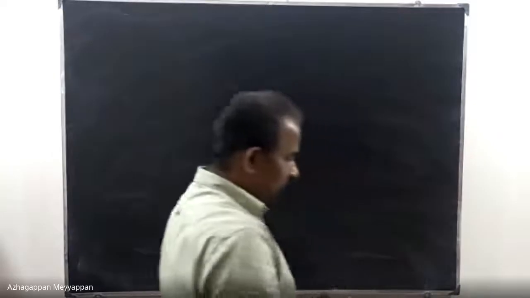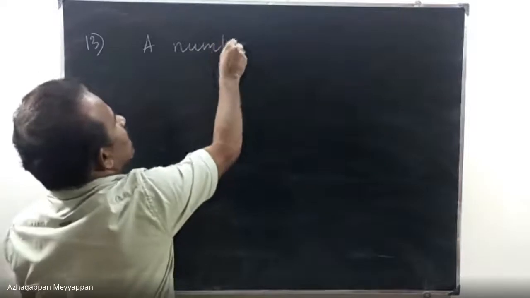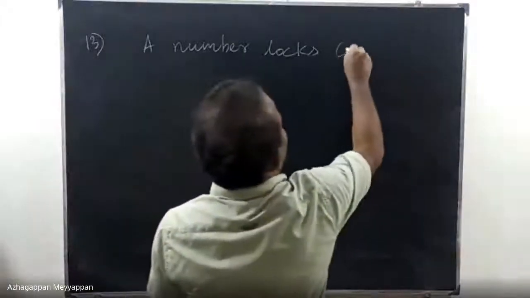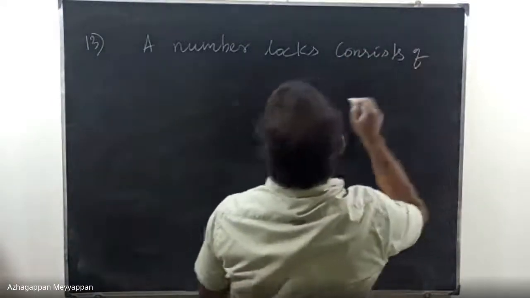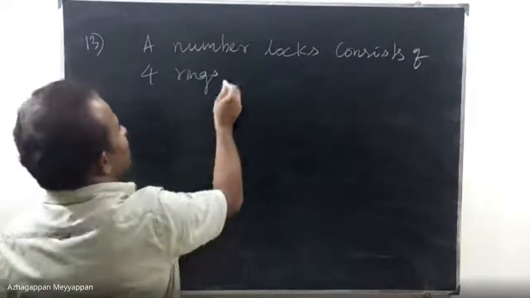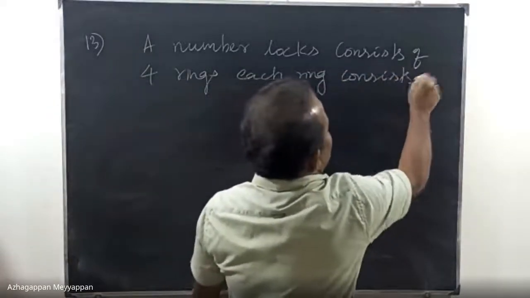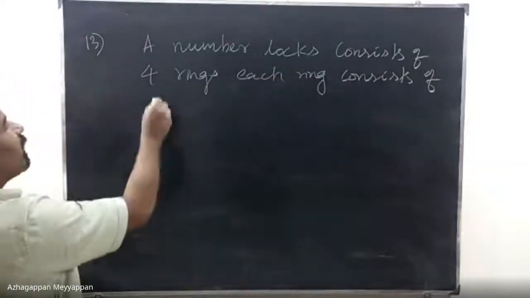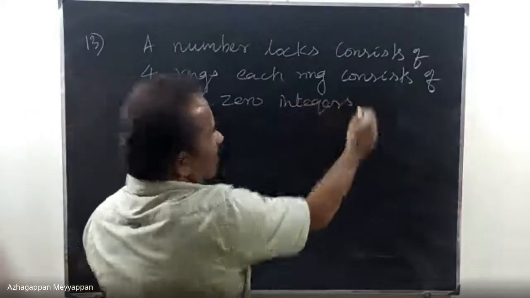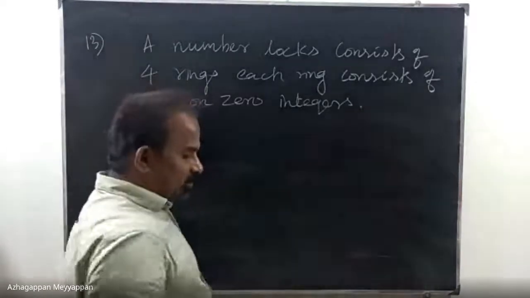Next question is a number lock. A number lock consists of 4 rings. Each ring consists of 9 non-zero digits.